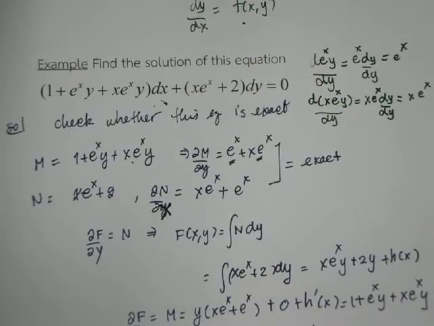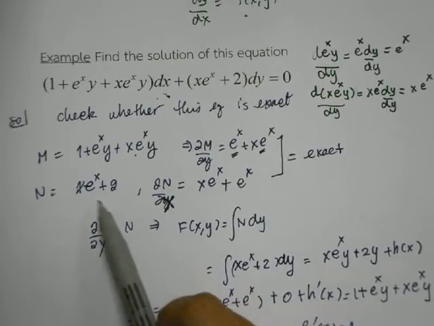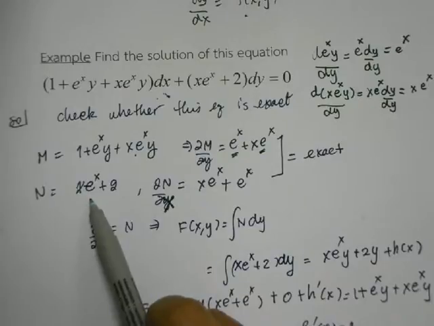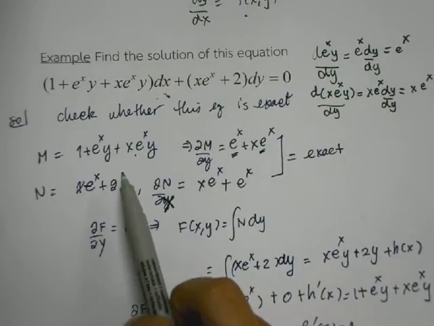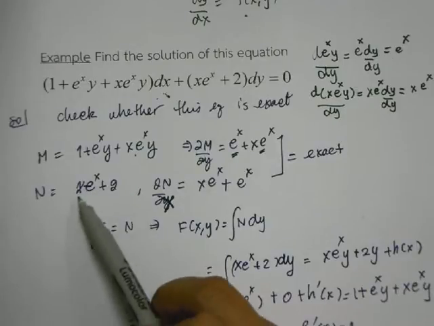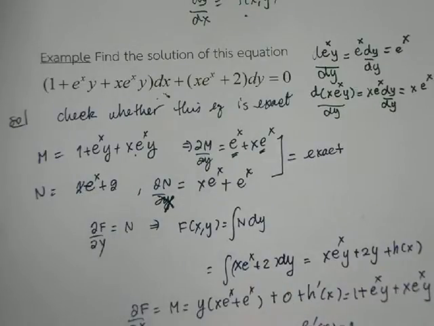Now, take a look at N. You do the derivative of N with respect to x. This one you've got no y, that's a good sign. But the thing is that you've got to do the derivative of two functions which are multiplied by each other. So you've got to use that formula.